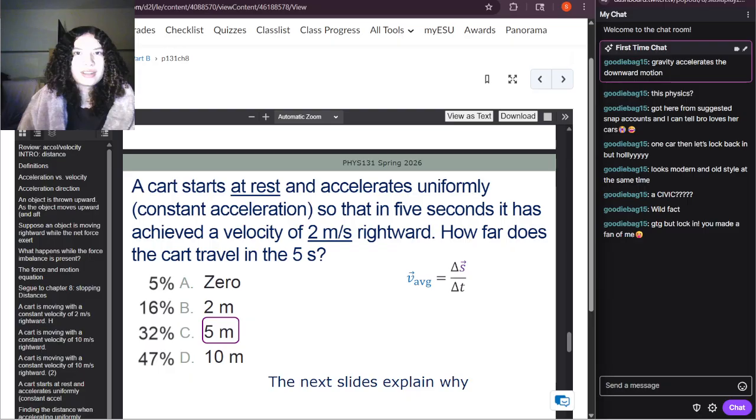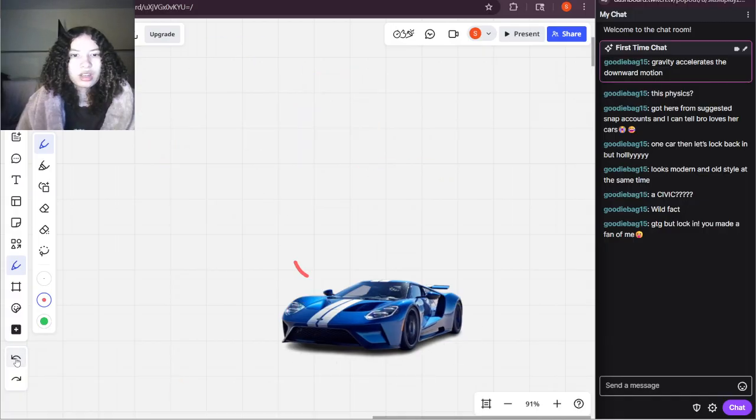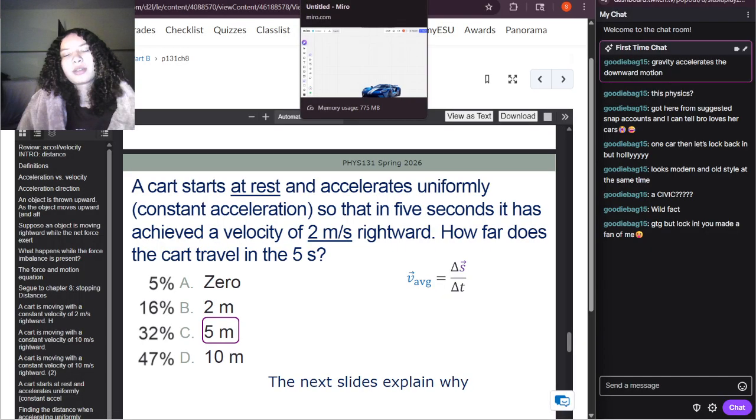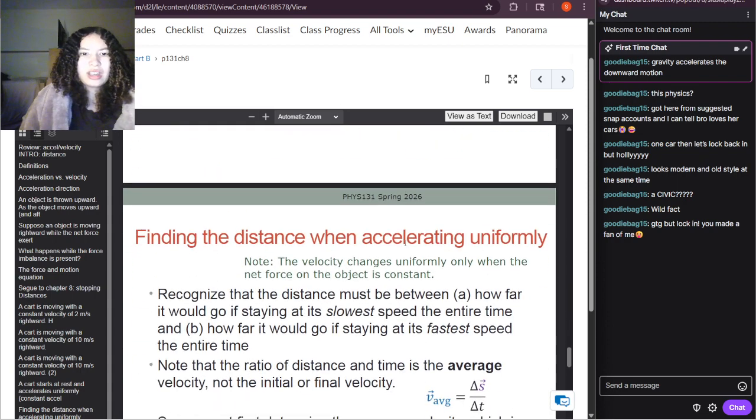Okay, I'm missing something here. So it's at rest. After 5 seconds, wait, it achieved a velocity of 2. Okay, next slide explains why.